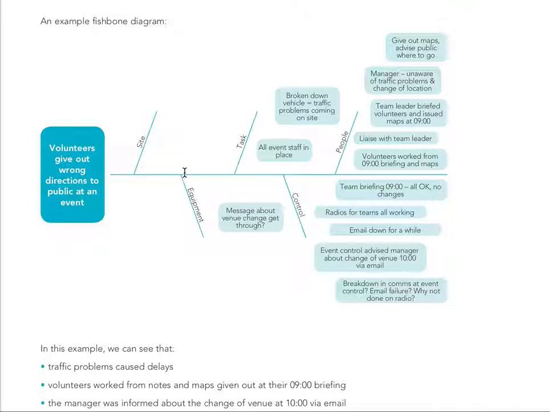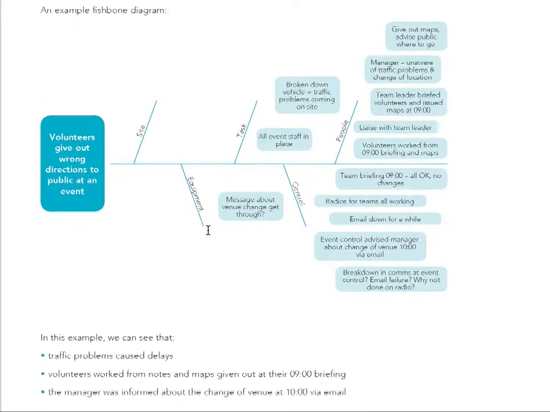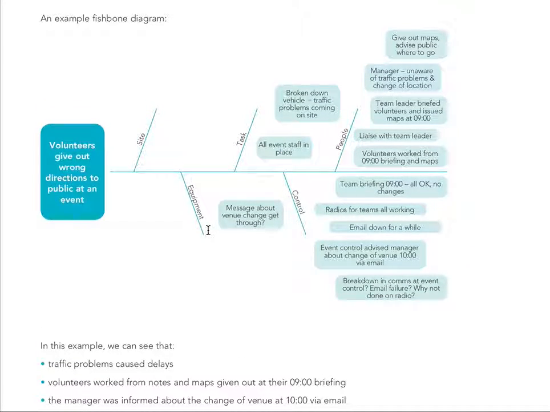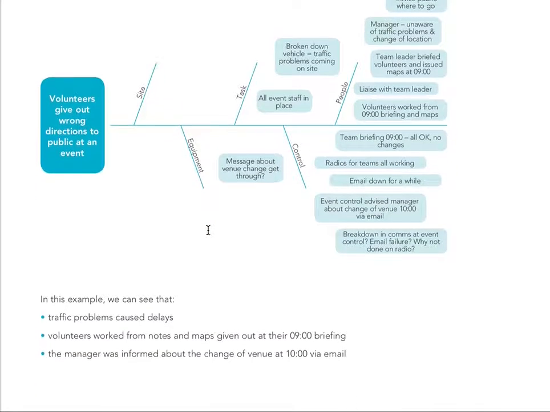And what has this had an impact on: the site, the task, the people, the control, the equipment? This is quite a detailed one, and for that I'm actually going to be doing a separate video which will help you explain that a lot more. But you could include the fishbone diagram.